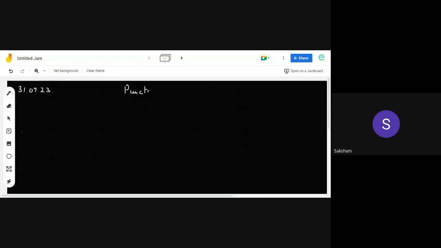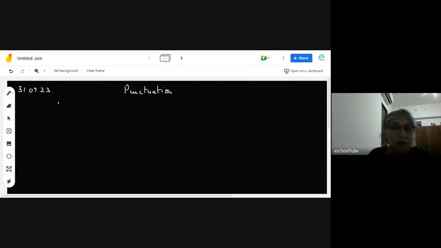Chalo, everybody write the date and let's write punctuation and semicolon. Very good. But what do you mean by that? Semicolon means a dot, a full stop with a comma underneath it, right? So this is a semicolon.